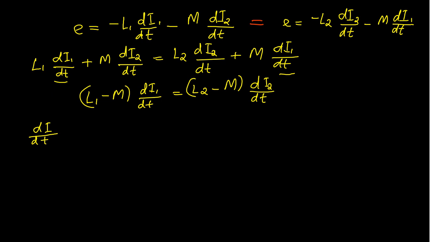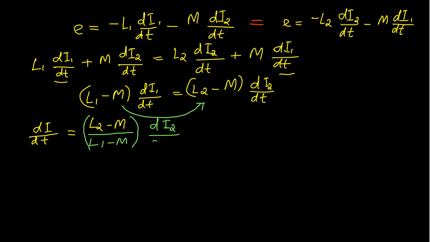We can move this L1 minus M to this side, then dI1 by dt is equal to L2 minus M divided by L1 minus M into dI2 by dt.